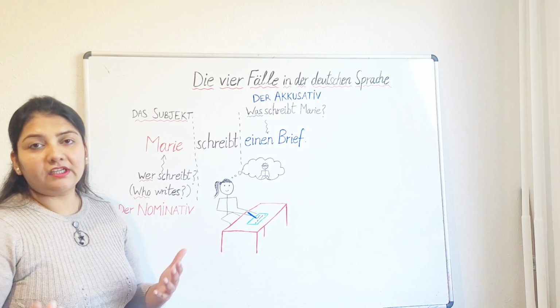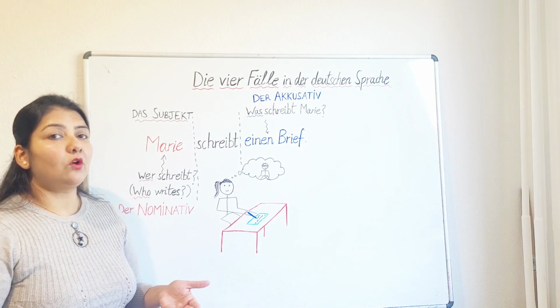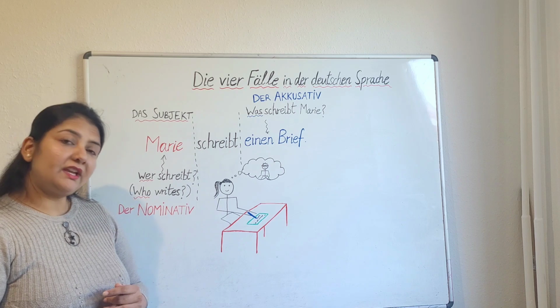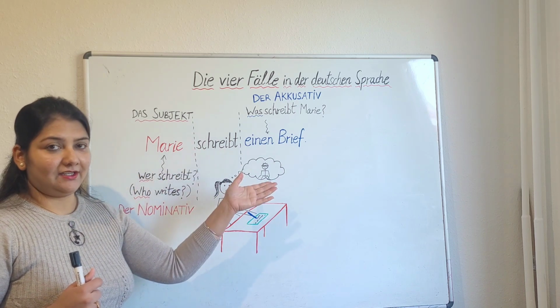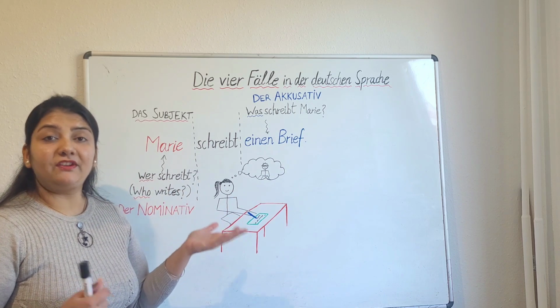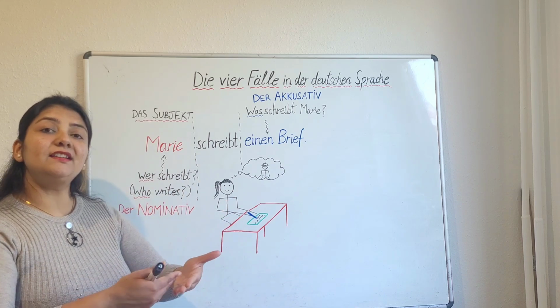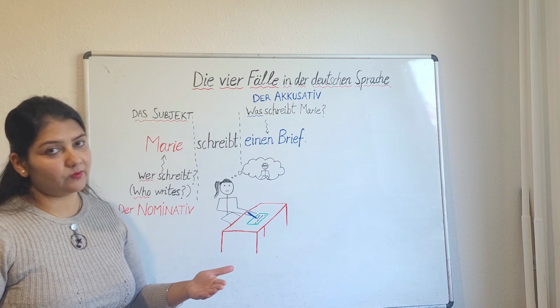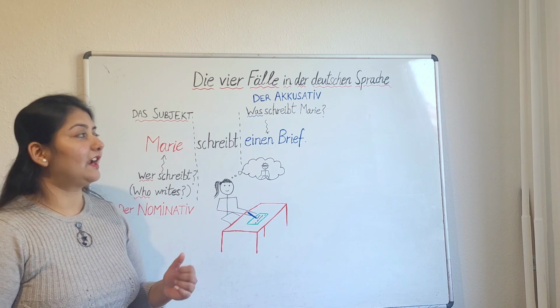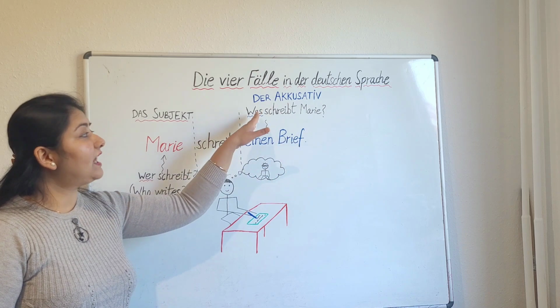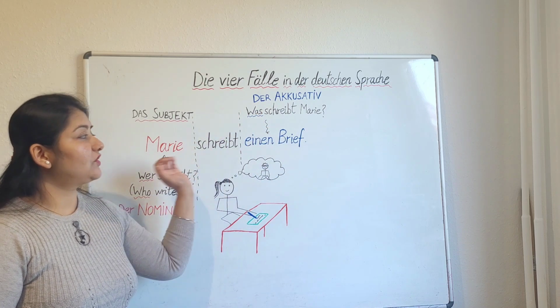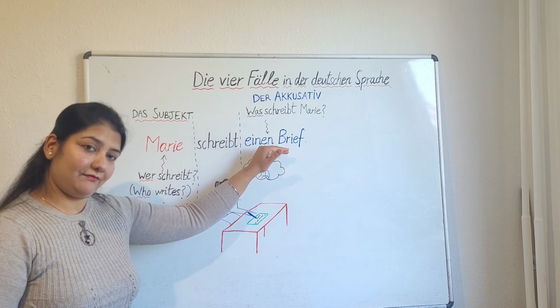Another tip, if you are confused about what the direct object in a sentence is, you can ask a question. For example, Mary writes a letter. What is Mary writing? And the answer to this what is the accusative object, right? Man kann fragen, was schreibt Marie? Und die Antwort ist, sie schreibt einen Brief.